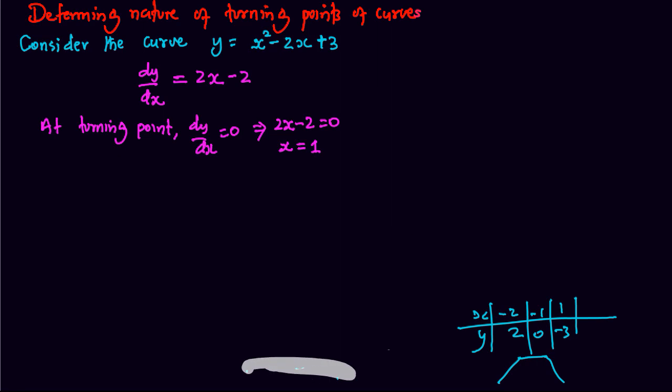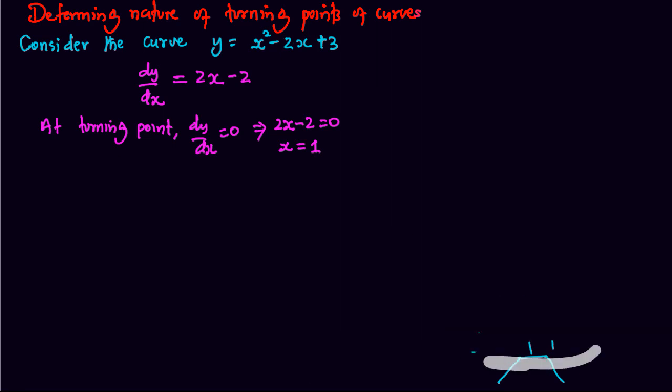We can get the nature of the turning point by considering a value to the left of x equals 1 and a value to the right of x.